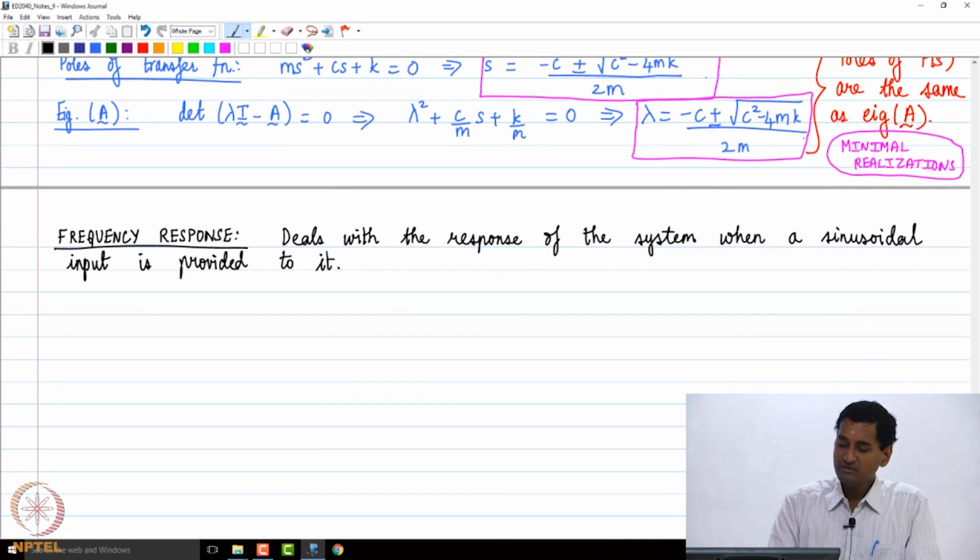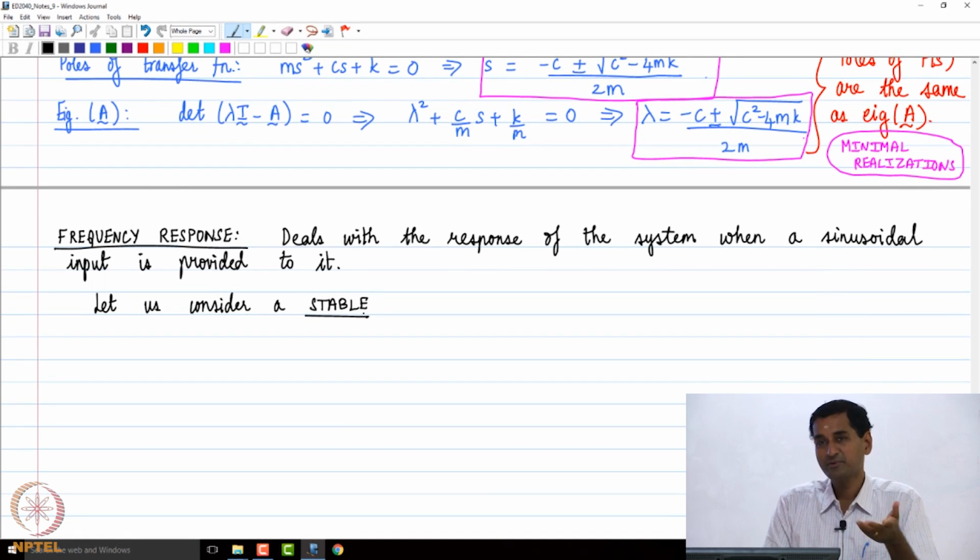Okay, so what we will first consider is, let us consider a stable, okay, this is very important. Of course, we can only talk about performance if we have a stable system to begin with, right? This is something which we already discussed, right?